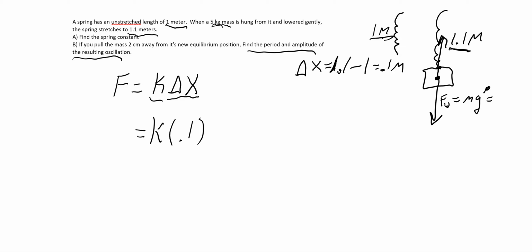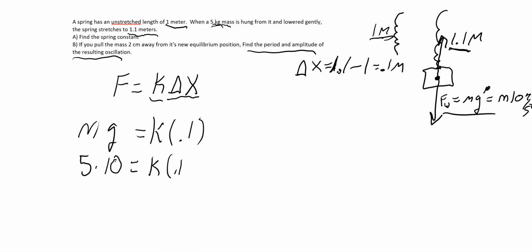You can use 10 too if you want, so I'll just say 10 meters per second squared. Okay, so that means that the force is actually equal to the weight. So that tells us that mg, let me plug in, I have 5 kilograms for the mass. For g, I'm going to use 10. That equals k times 0.1.